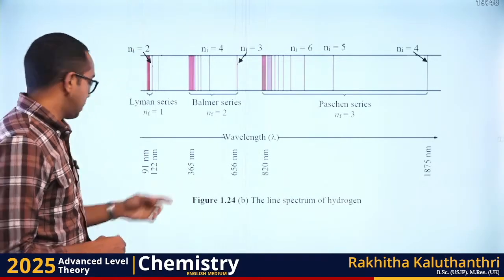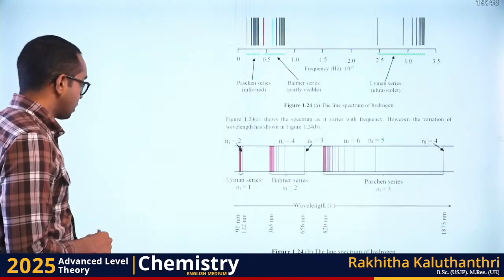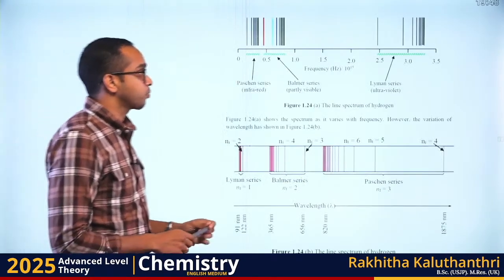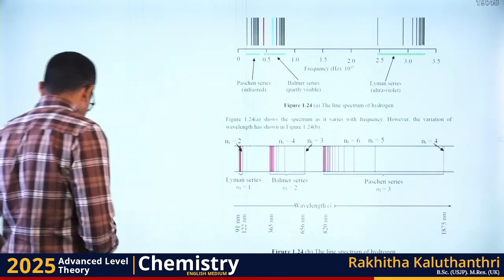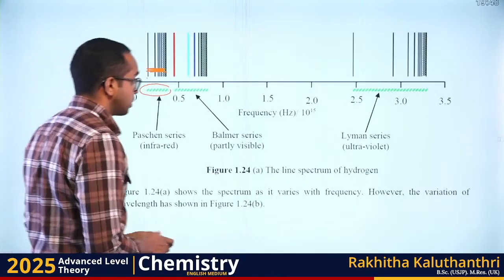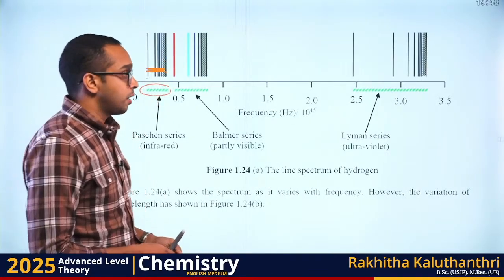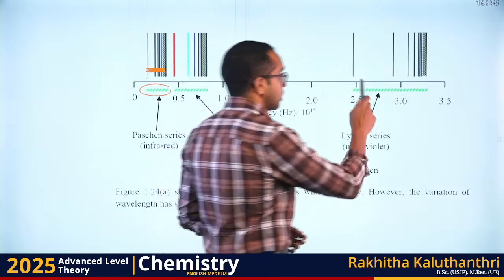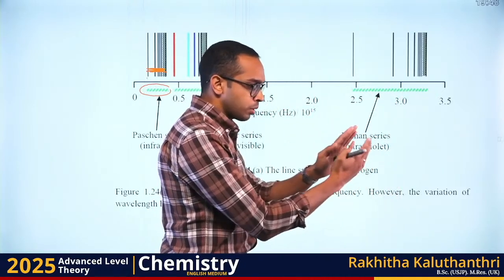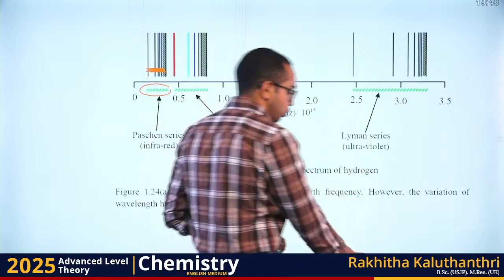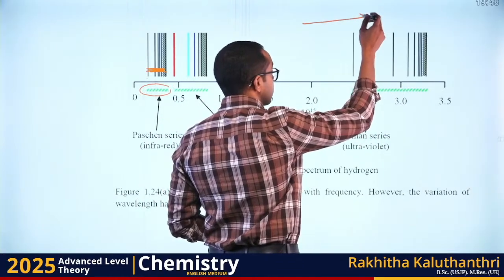You can see if you compare the both of them, they are going to be somewhat different to one another. Now one of the key observations that you should make when it comes to frequency distributions and wavelength distributions is that the lines of each series get closer and closer together as you move towards higher frequency values.